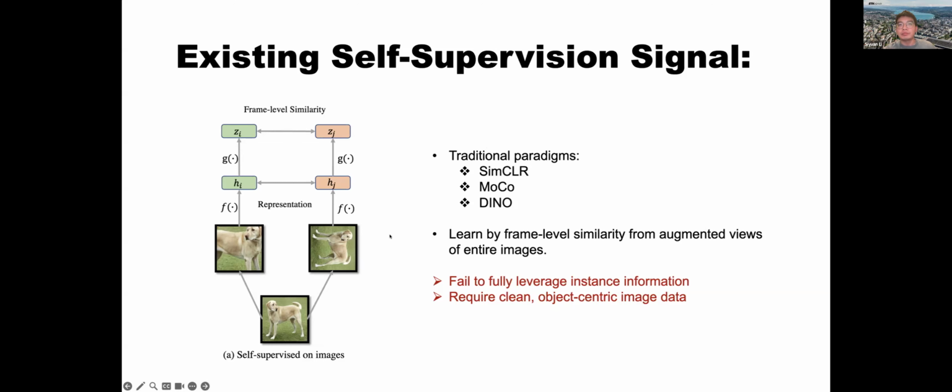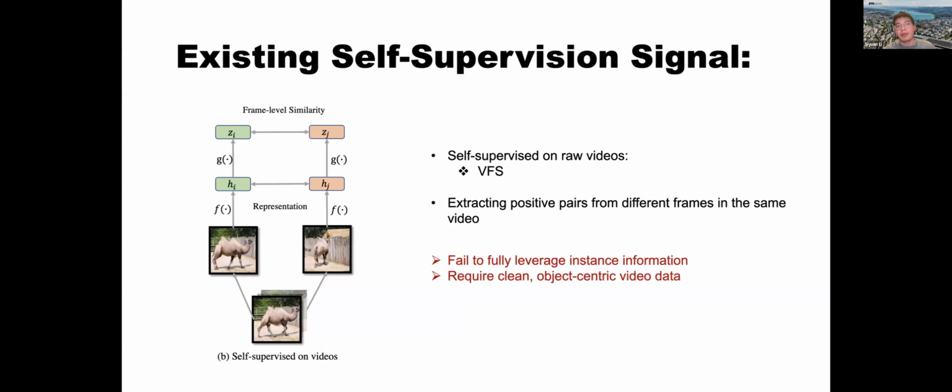But you can only train with ImageNet images, because ImageNet images have this object-centric image data.